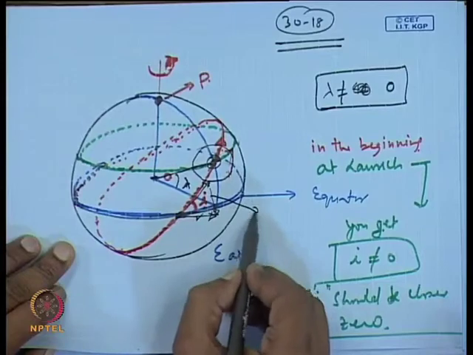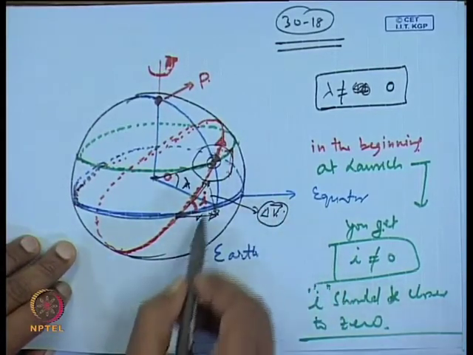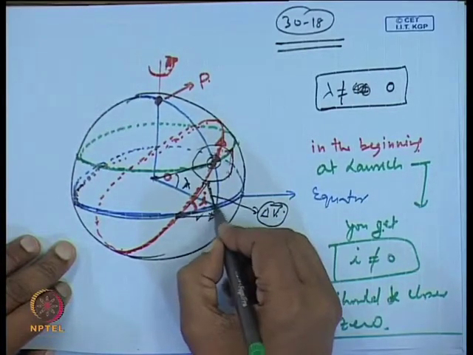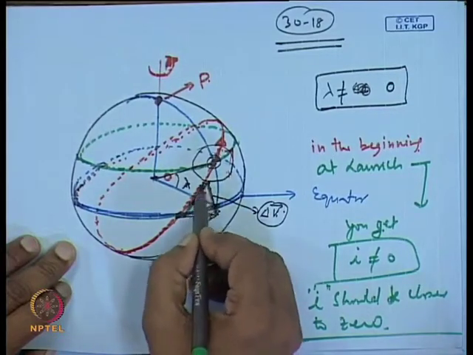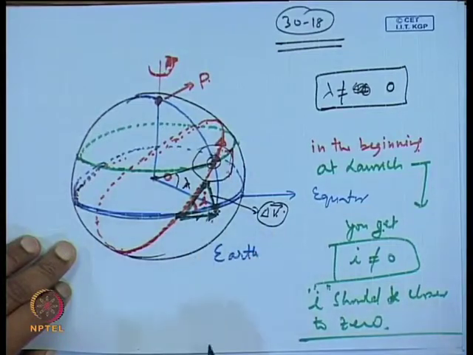So delta v is given by the line which is shown here. This is your delta v, this is the original direction and this is the new direction. This is the change required.